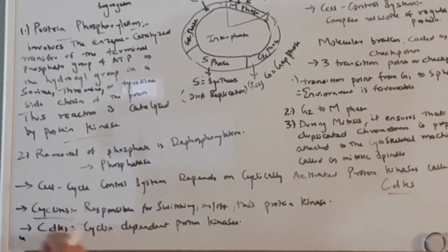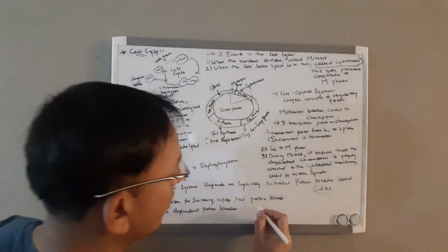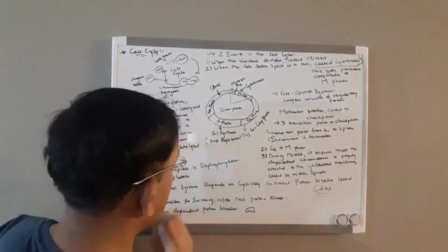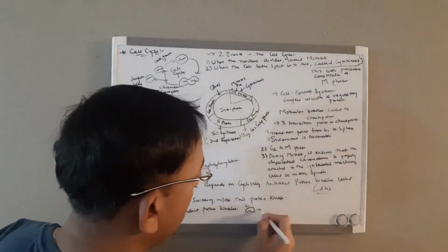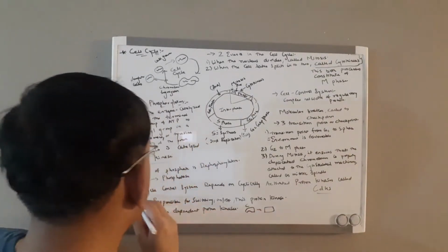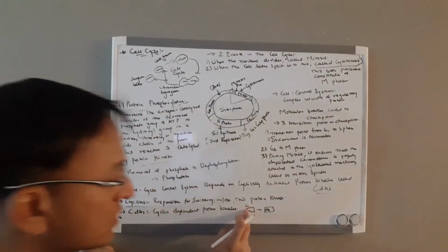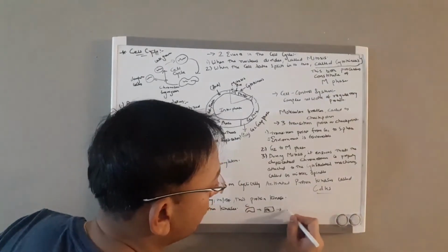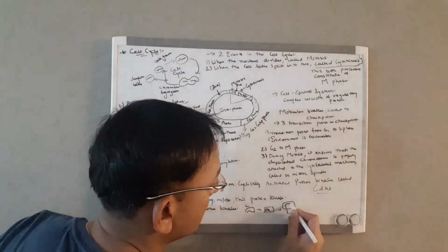So for example, this cyclin does not have any enzymatic activity itself. Let's say this is our cyclin, which I will represent as a C, and here, in a square, this is our PK, our protein kinase. This cyclin has to attach to this, so it may be attached like this.